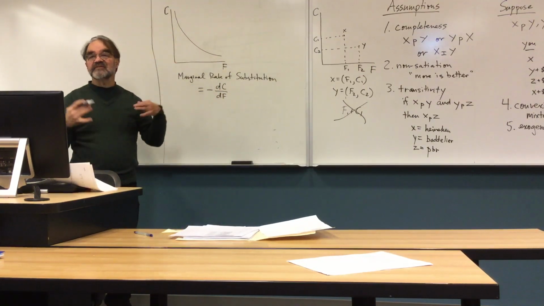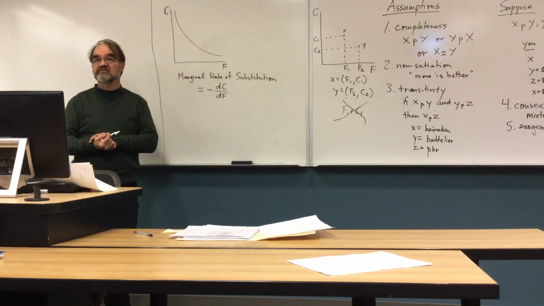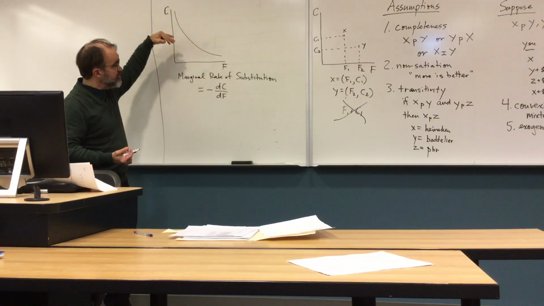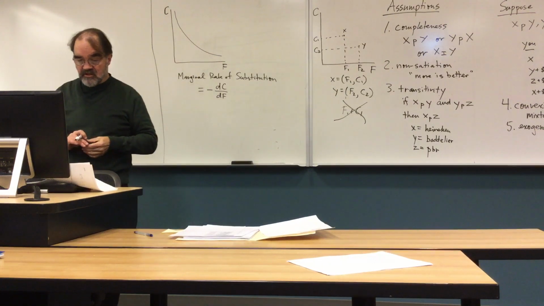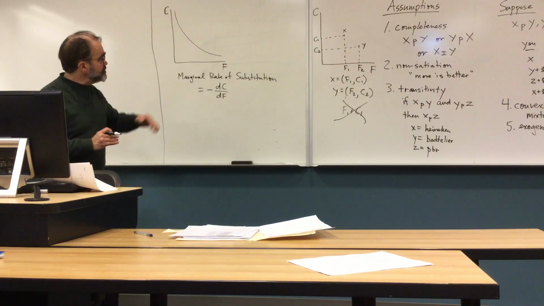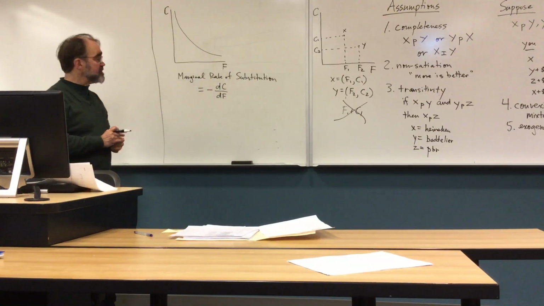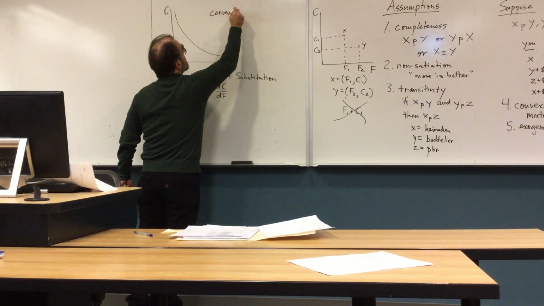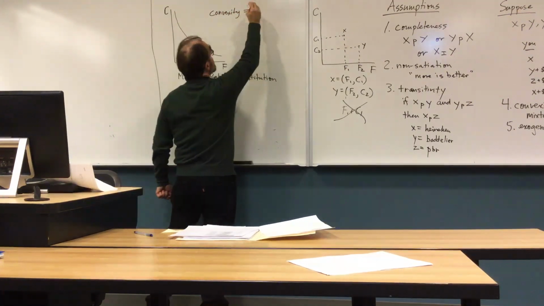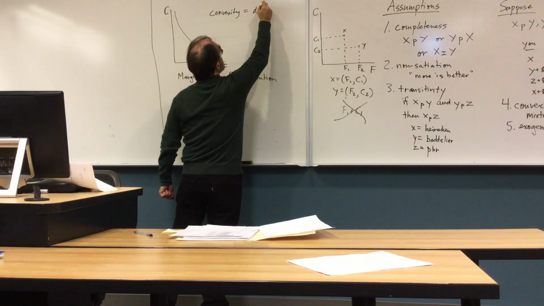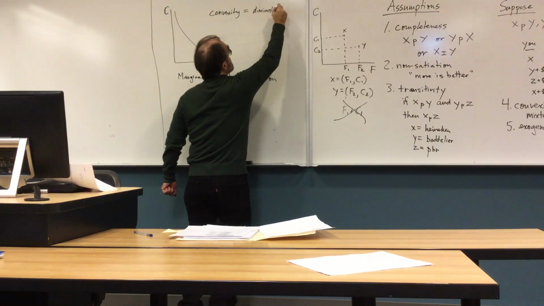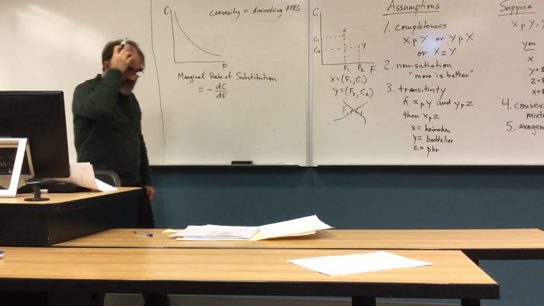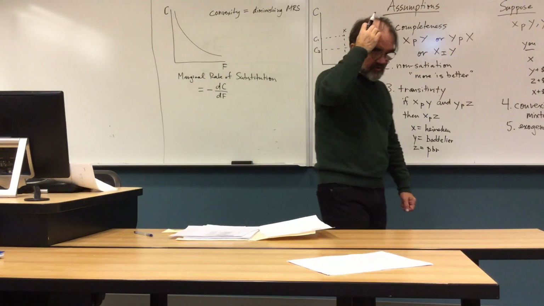Well, because the slope is negative and it's just easier to convert things into positives. And so as we move along the indifference curve, we have a diminishing marginal rate of substitution. So convexity here means the same thing, is equal to a diminishing marginal rate of substitution.